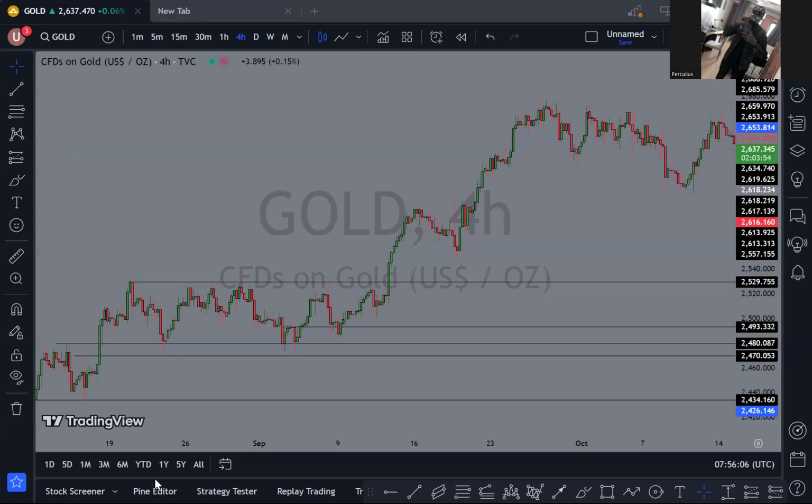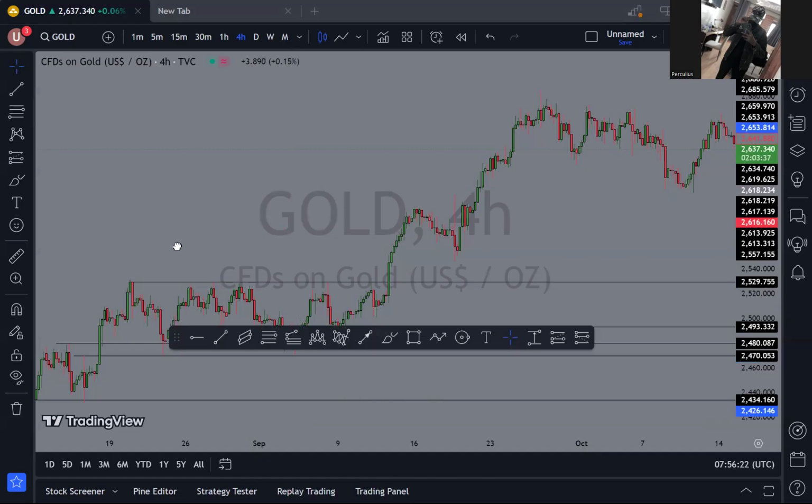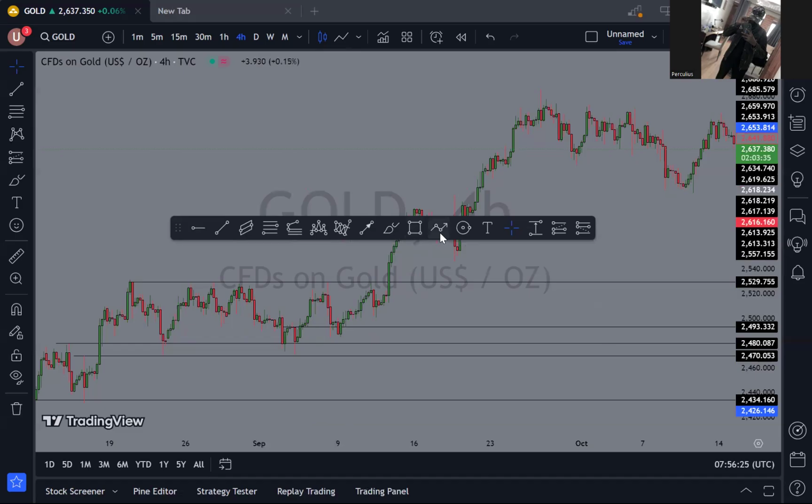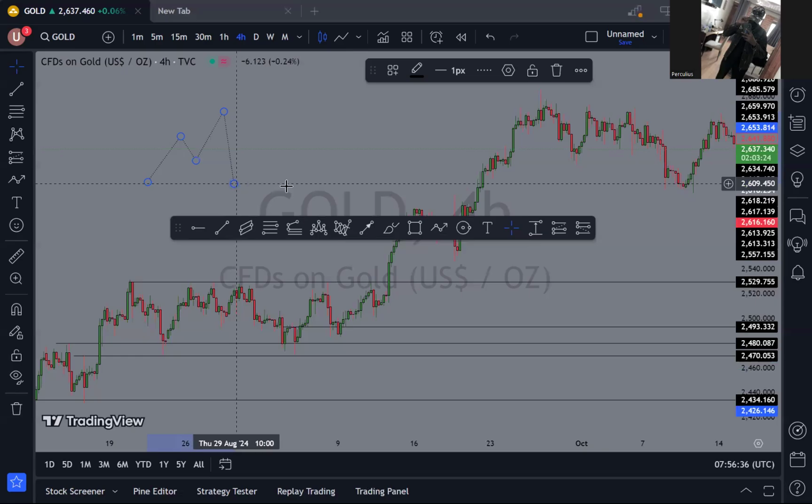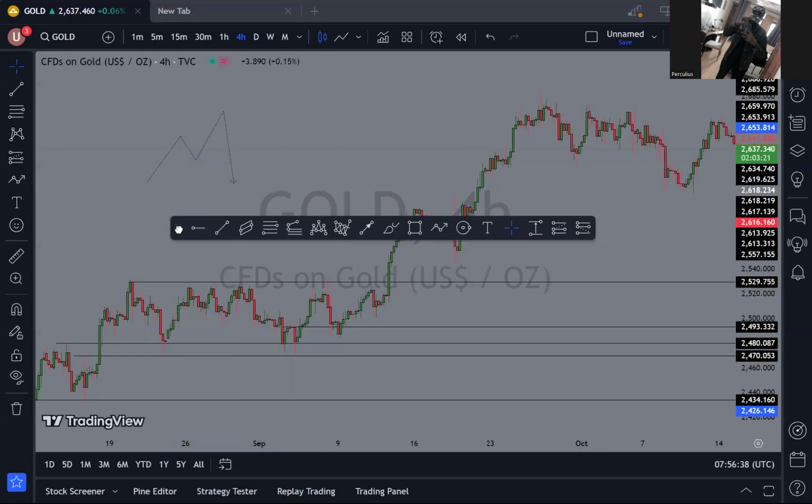Let me show you this. So basically, this is the structure that I'm looking at.